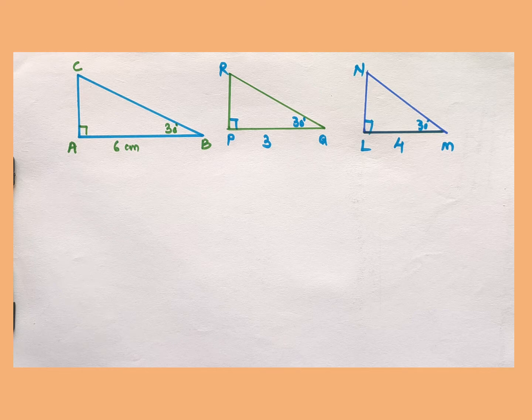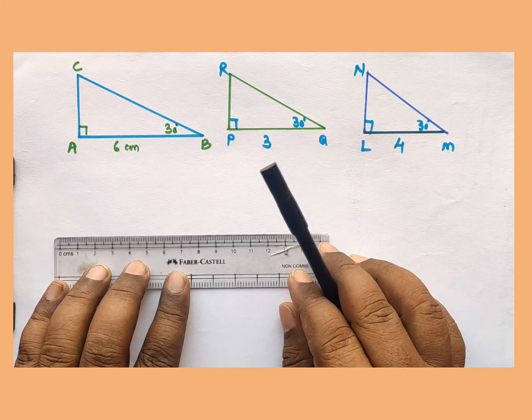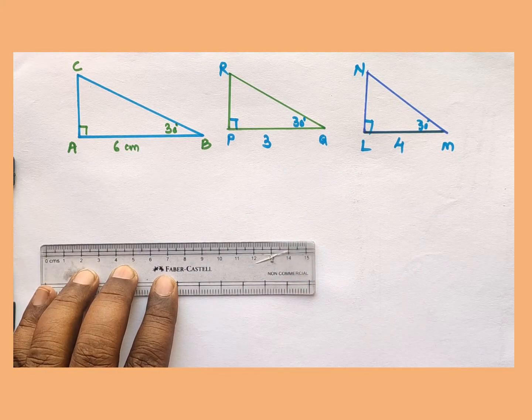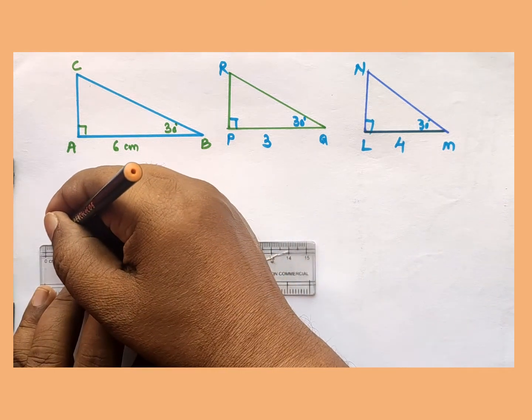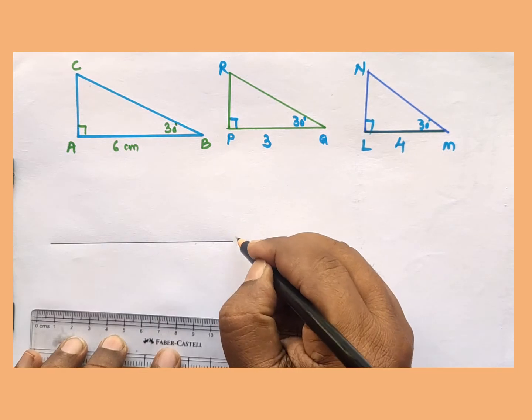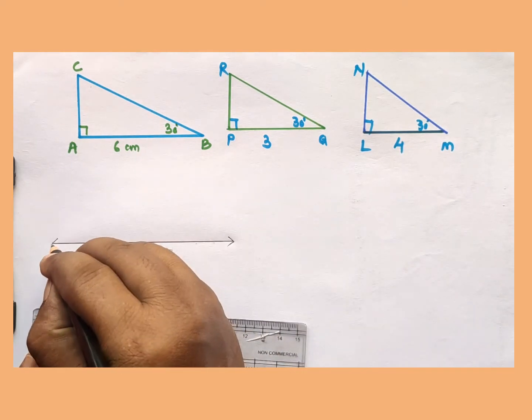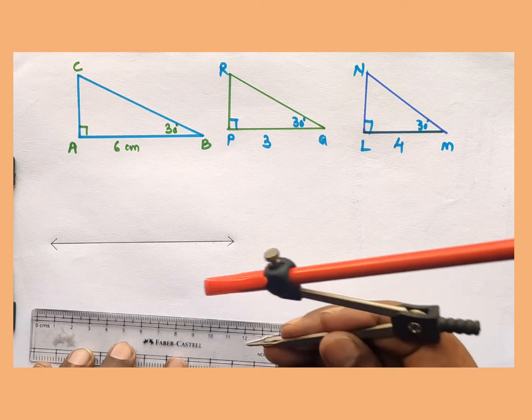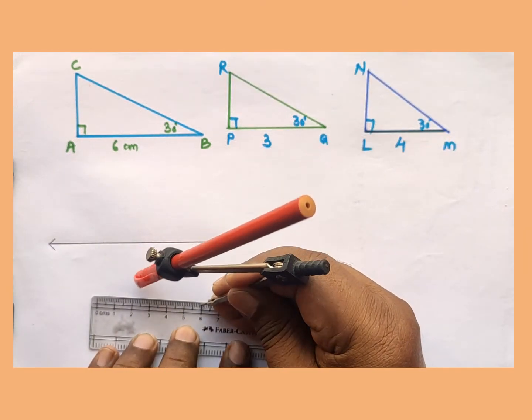ABC. So first, we need to draw a line, which we will draw here. We will take 6 centimeter, as you can see on the screen.